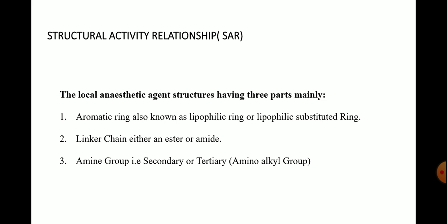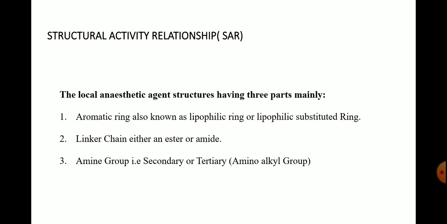Next is SAR, or structure activity relationship. The local anesthetic agent's structure has three main parts. First is the aromatic ring, also known as the lipophilic ring or lipophilic substituted ring.